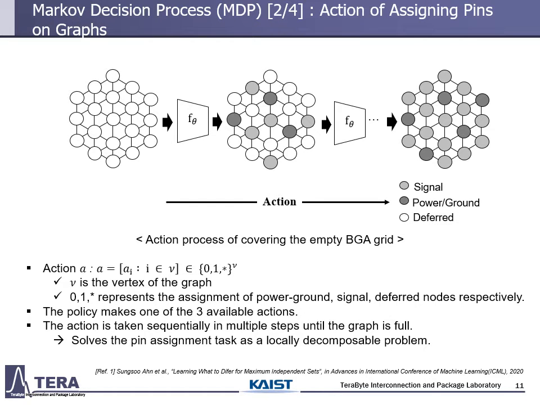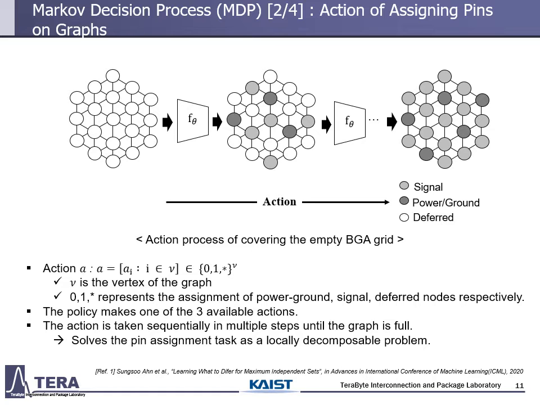And next is the action. The action 0, 1, and star represents the assignment of the power ground pins, signal pins, and deferred nodes. The action of assigning balls is taken through multiple steps, as mentioned before. In other words, the action is taken sequentially in multiple steps until the graph is full.